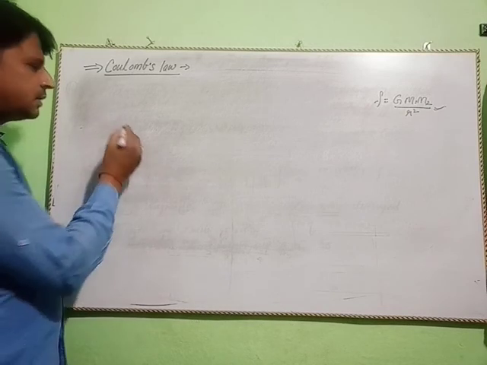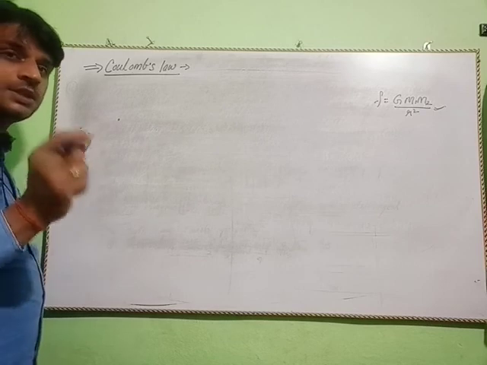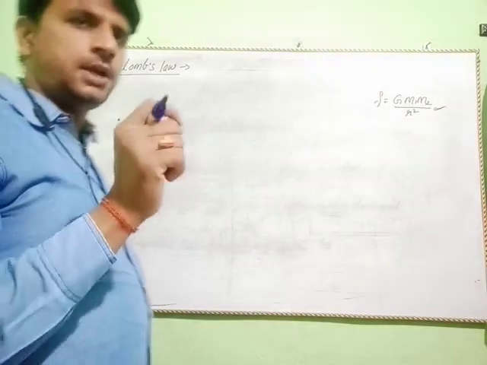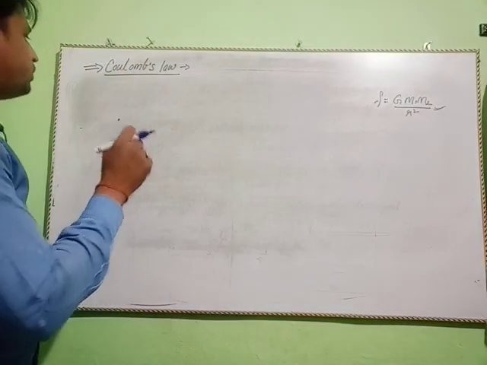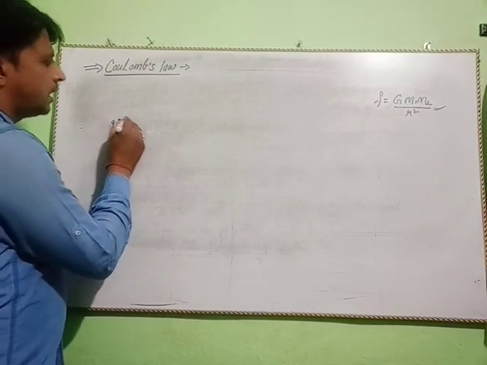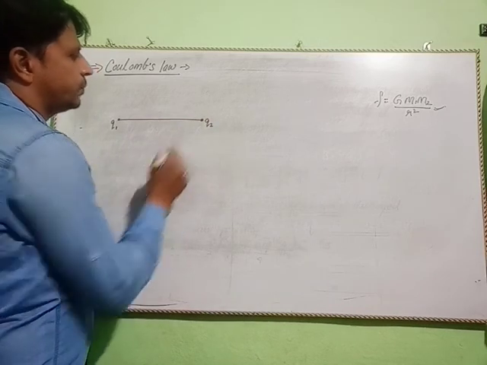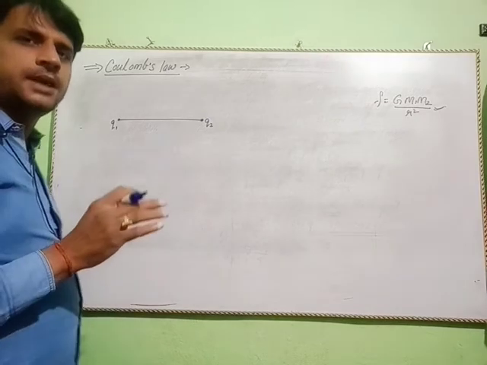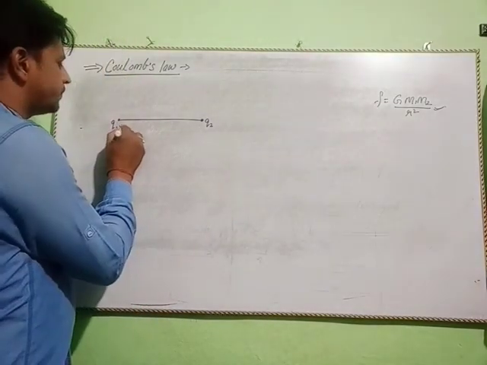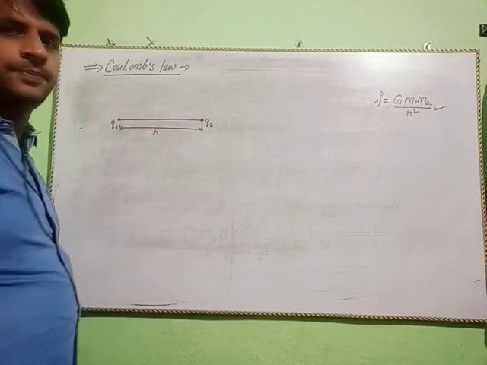Let us consider there are two stationary point charges placed in space, q1 and then another charge q2. These both charges are placed in some space at a distance r from each other.